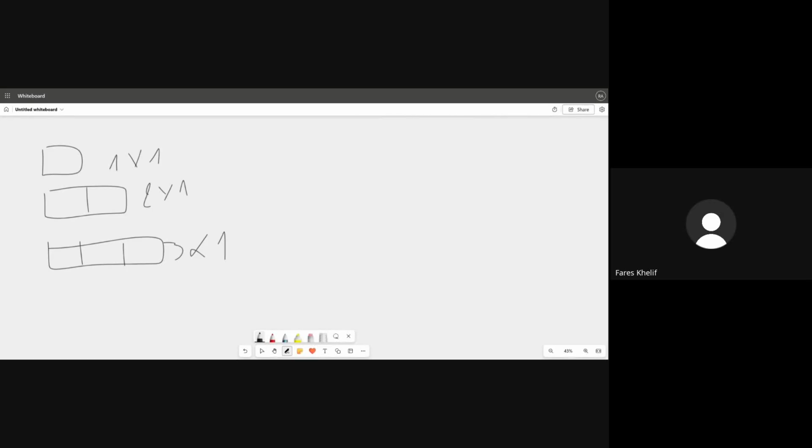So we can have DP at index i equal to the number of ways we can fit the blocks all the way to i-1 and add a block of 1, or to i-2 and add a block of 2, or to i-3 and add a block of 3.